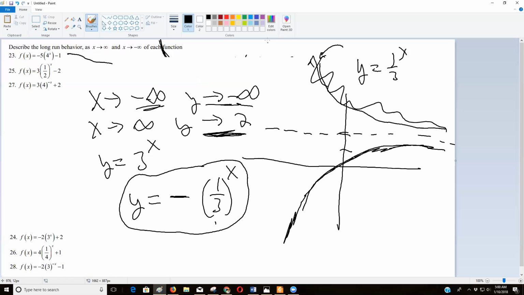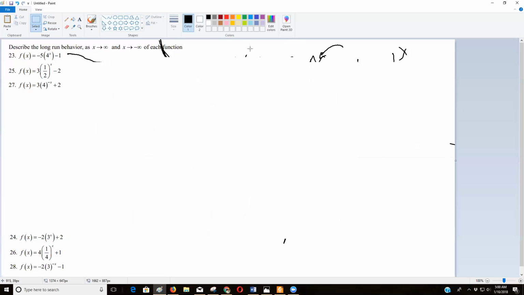Let's try a different one. How about if I tell you some function has a y-intercept of 0, so it passes through 0, 0.